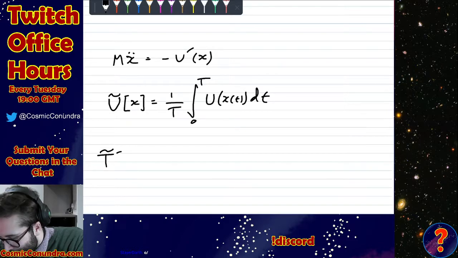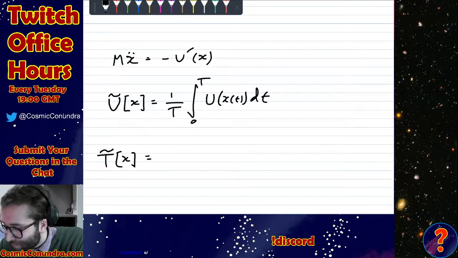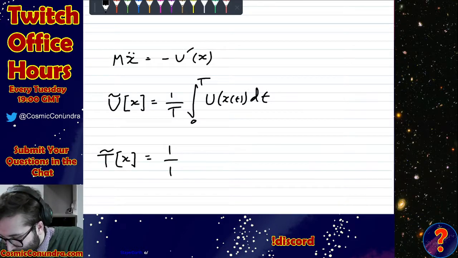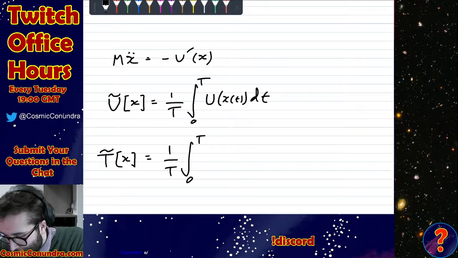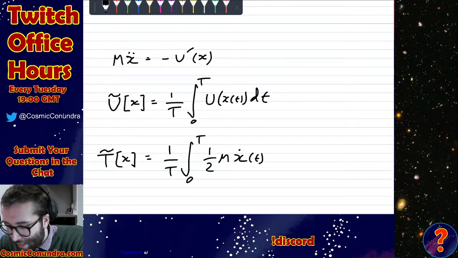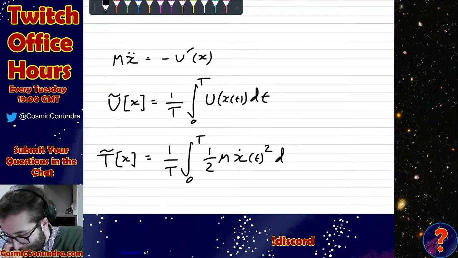And then we can think of the time average of the kinetic energy. So this will be 1 over T of the integral between 0 and T of 1/2 m x dot squared as a function of t with respect to t.